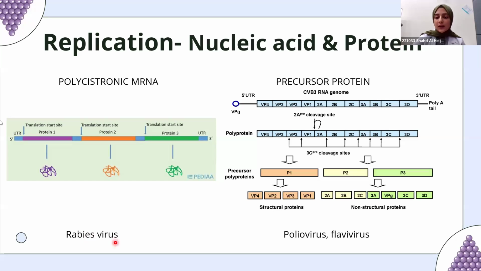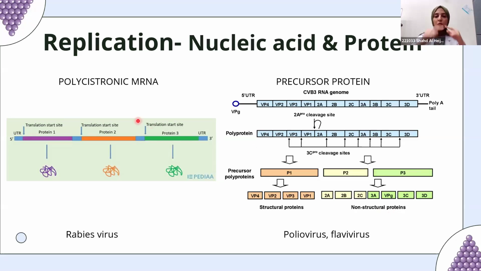Meanwhile, you have a different case in polioviruses and flaviviruses. In those viruses, you have a precursor protein. So one mRNA strand will make one huge protein. This protein is going to be broken down into different polyproteins, and those will be broken down again and will form either structural proteins, which are the capsid, nucleocapsid, and so on, or the non-structural proteins, which are the polymerase and the enzymes and so on.